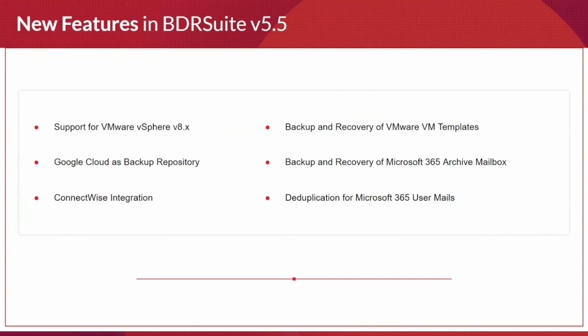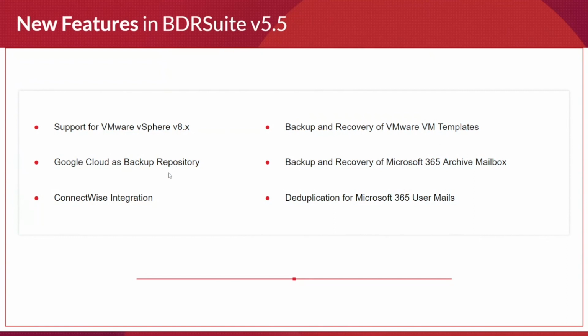We already have the feature to take a backup of your ESXi host and your vCenter host, and if you have VMware VM templates, you can add your vSphere host directly and select the particular templates to be backed up, so that you can restore them directly at a later stage and bring them up as a virtual machine in a completely different environment. That is the backup for VMware templates, which is a new add-on with version 5.5.